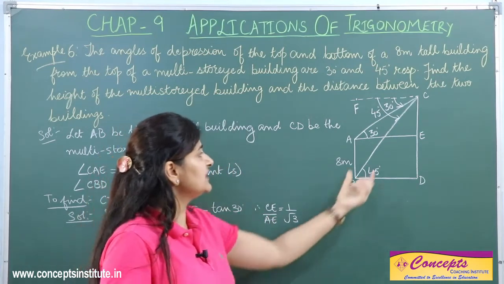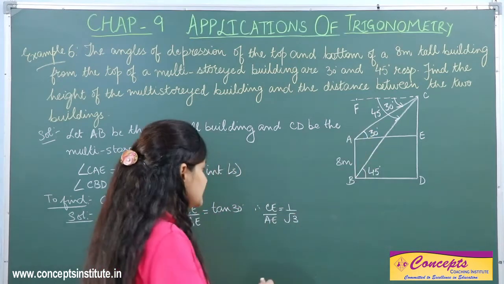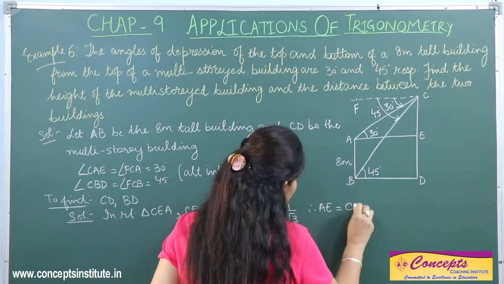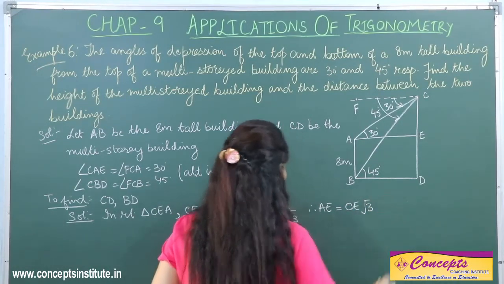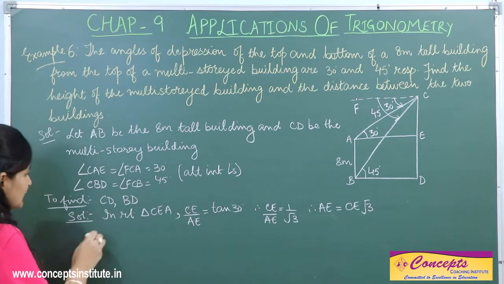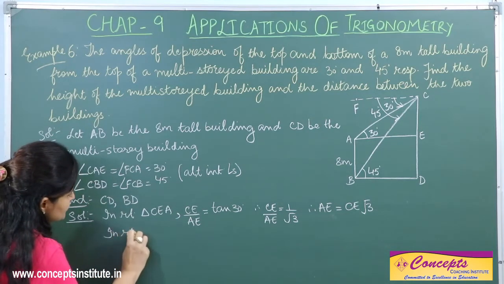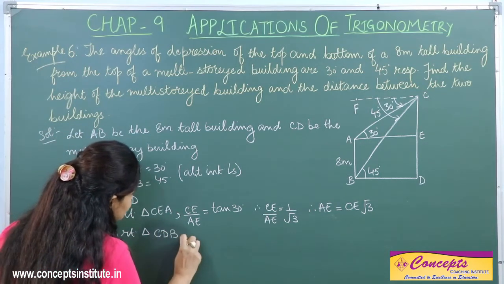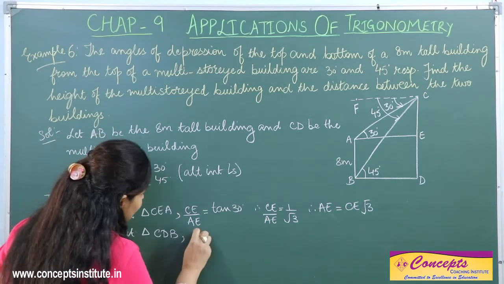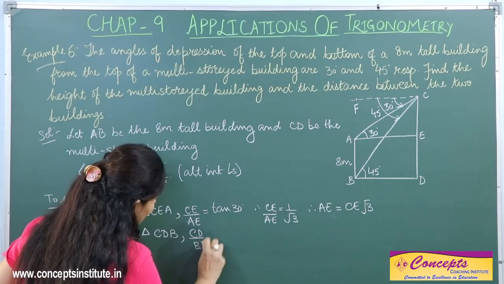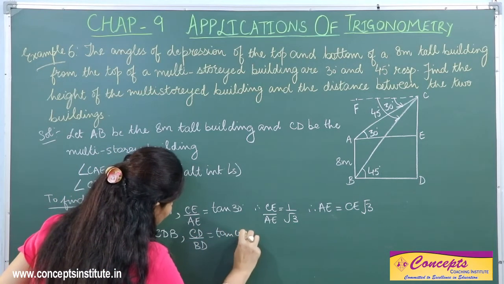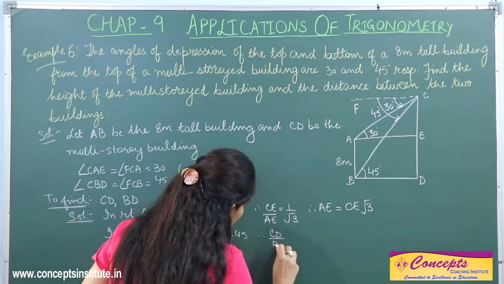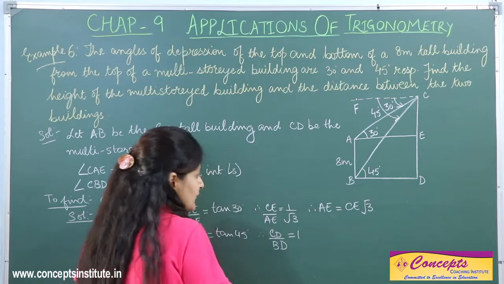So I am going to find the length AE from the above triangle. So what would be AE? AE would be equal to CE into root 3, right? Now I am going to apply the T ratio tan in the second triangle, that is CDB. In triangle CDB, CD upon BD will be equal to tan 45, so CD upon BD will be equal to 1 because tan 45 is 1.